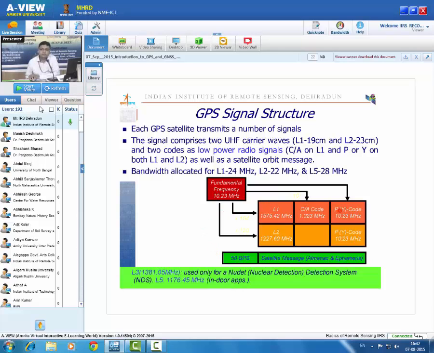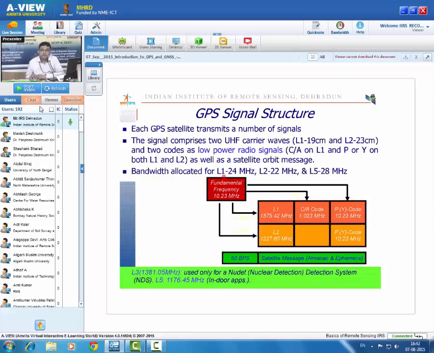Besides this, we have to understand the wavelengths. The L1 carrier frequency has about a 19 centimeter wavelength, and L2 has about a 23 centimeter wavelength. So L1 is the shortest, L2 is the next bigger in terms of wavelength, followed by the P code at about 29.3 meters, and then the coarse acquisition code at about 290 meters.